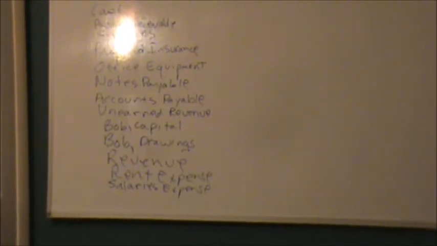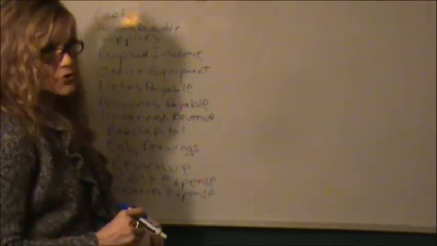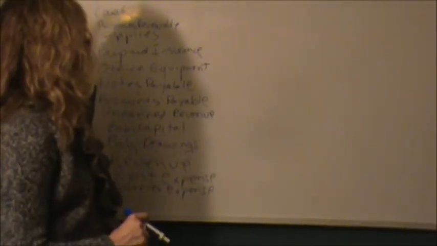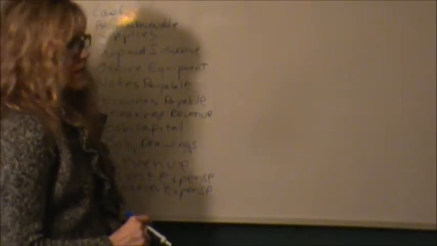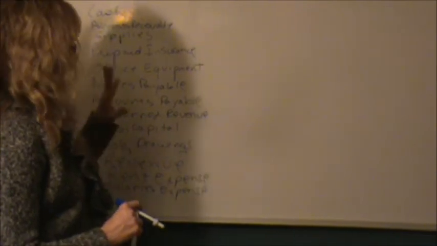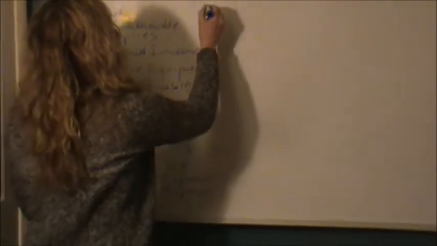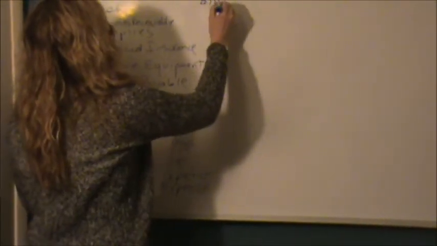Okay, now we're going to do the trial balance. A part of the top might be cut off for you, but it's Bob Company trial balance, January 31st, 2012. In the solution, you've got a printed trial balance, so it's fine. But we're taking this right off of our T accounts. So we are starting with our cash, $14,000.